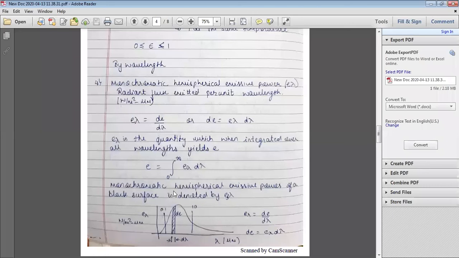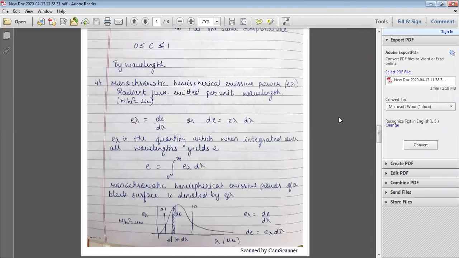And the monochromatic hemispherical emissive power of a black surface, I call it EB lambda.